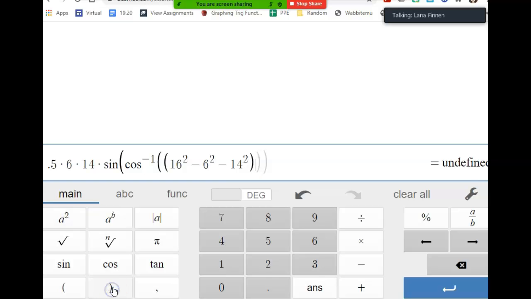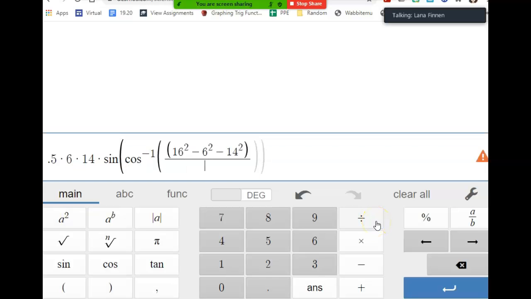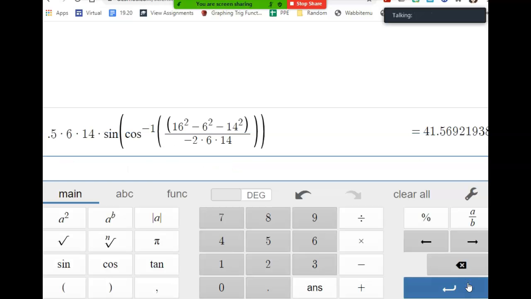Close that so I can make that into a fraction. And then that'll be negative 2 times 6 times 14. I think I have everything there. And even if I don't close, it still gives me an answer. It'll close it for me.